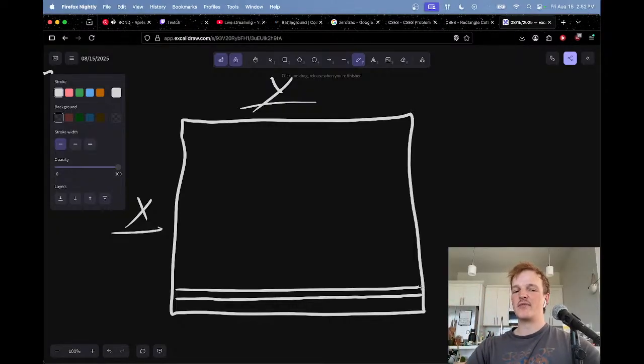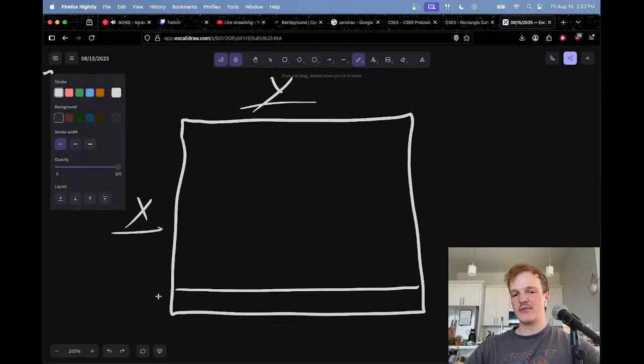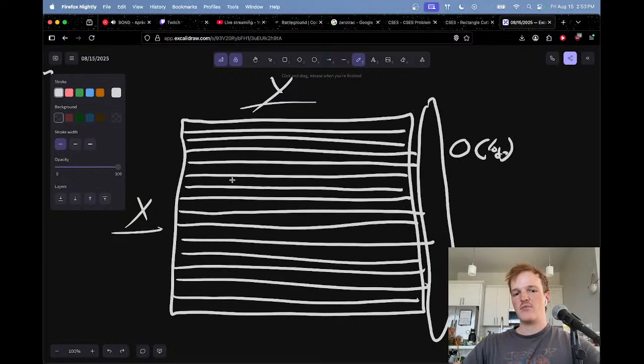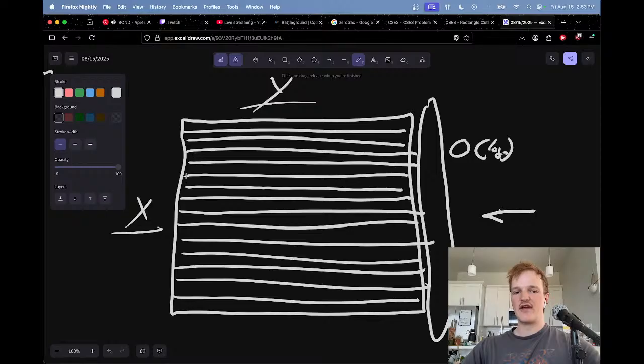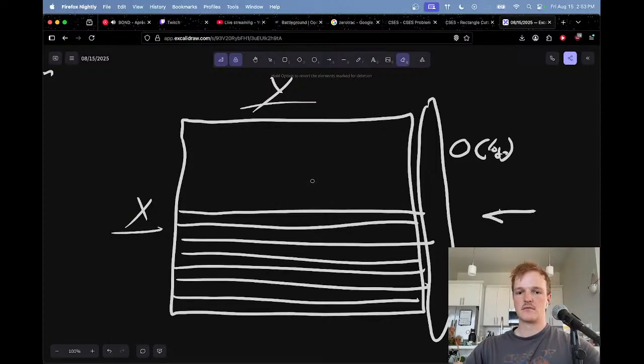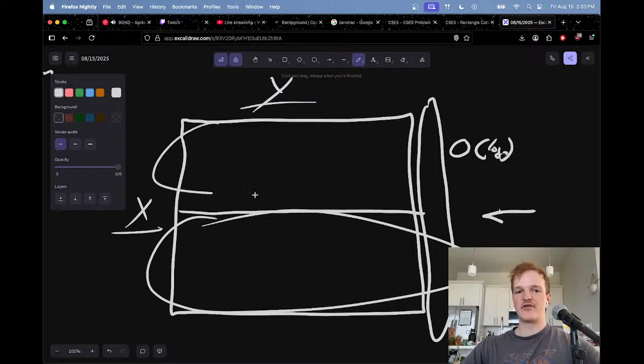Because the prefix minimum isn't saying do this. Maybe you would need a sparse table, actually. Let me go back to that. Because if you said, what about if I made a cut here? This is what you wanted to do. Then I have this and I have this to query.